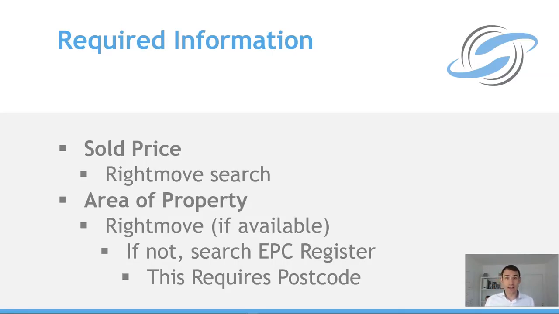So you can find any property's area by going onto the EPC register, as long as it's been sold recently. But to find the property on there, you need the postcode, and therefore you've got to reverse engineer this. So you get the postcode, go to the EPC register, get the area, and then you can work out how much the property is worth per square foot.